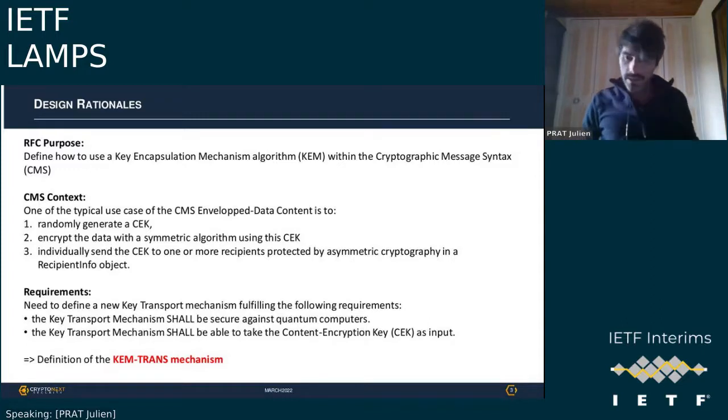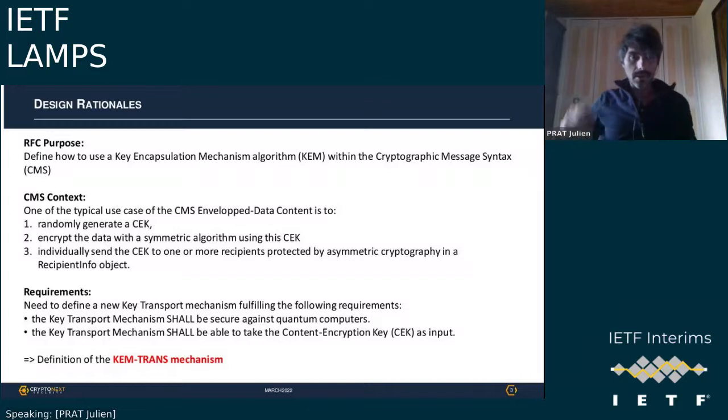And this CEK is used to encrypt the data to be protected. So here the issue is that the current KEMs don't allow this kind of thing. So we will try to propose a scheme to allow this. I mean to transmit a content encryption key which has a fixed value.